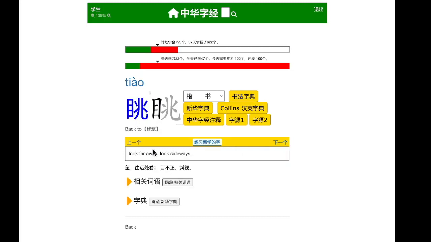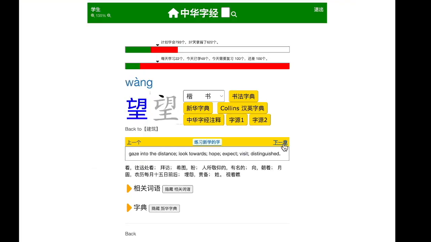眺. It's got an eye on the side, so you know it's about looks. And they're looking far away or looking sideways, gazing into the distance or a sidelong glance, either or. Wang means also gazing into the distance, but Wang has the additional, very common figurative meanings of looking towards something like hope and expectations.